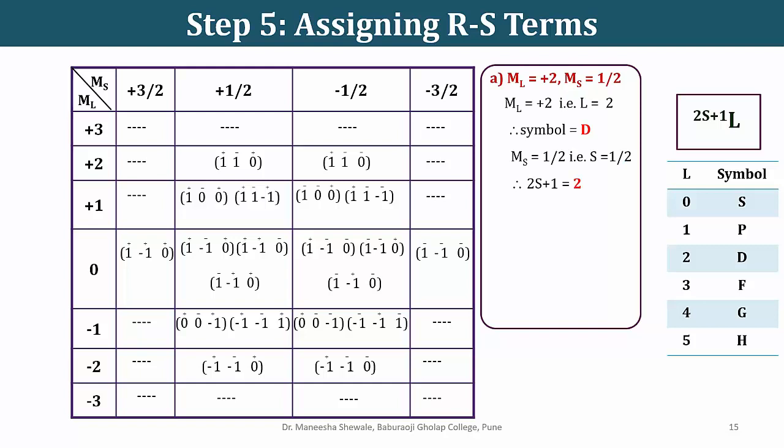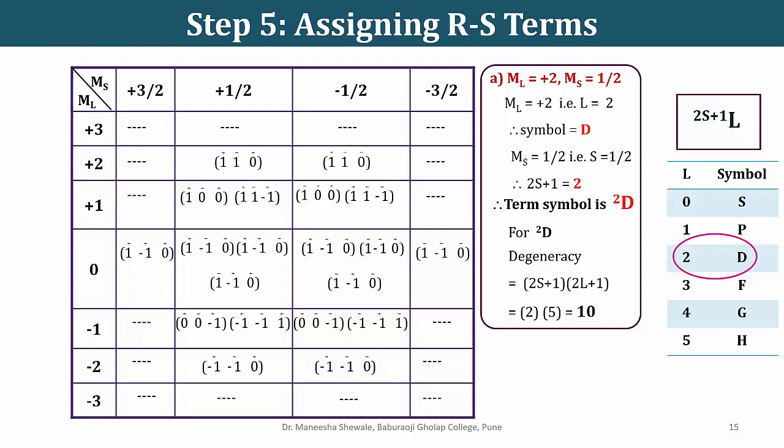In the first case, when ml is plus 2, L is 2. So the symbol here is D. For ms half, S is half. So the spin multiplicity 2S plus 1 is 2. So the term symbol is doublet D. Now the degeneracy for a term can be calculated by the formula: degeneracy is equal to spin multiplicity into the orbital multiplicity, that is 2S plus 1 into 2L plus 1.